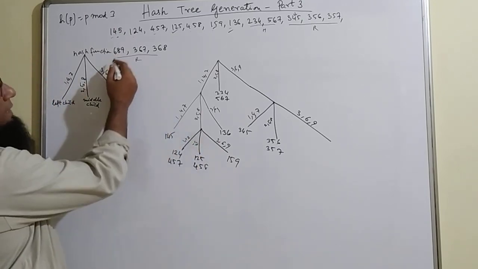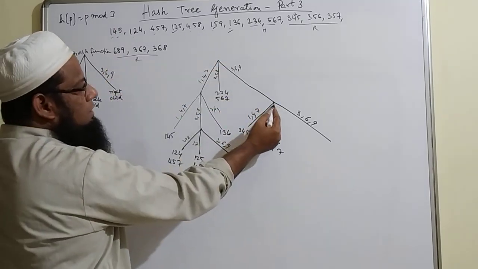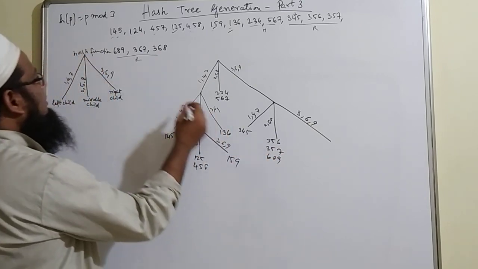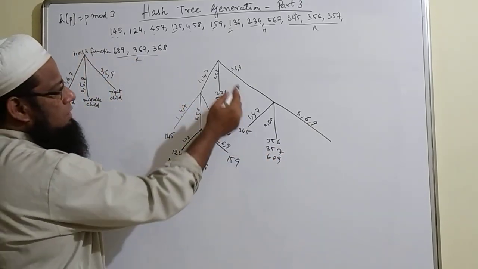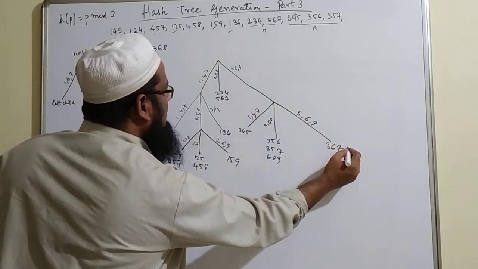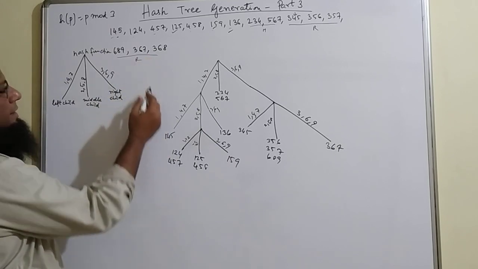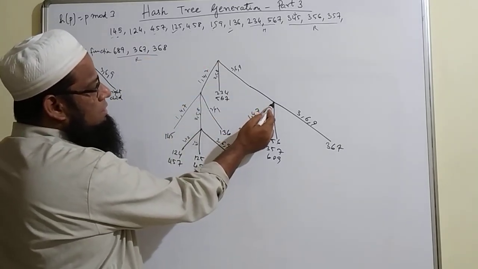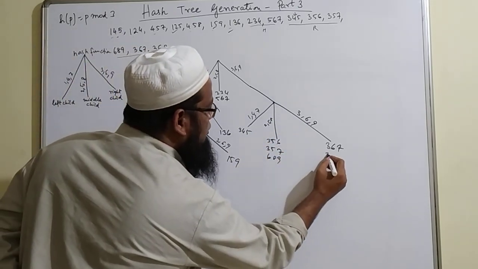Then you have 689: 6, 8 is again coming in the middle. 367: 3, 6 is coming here. 367. Then 368: 3 we are coming here, 6 is coming here. So 368.